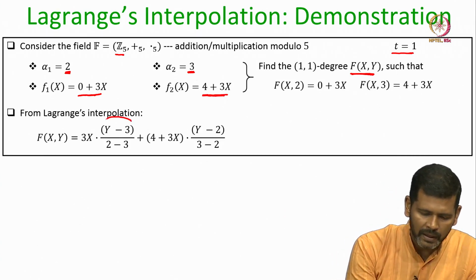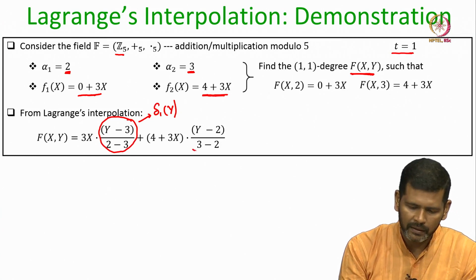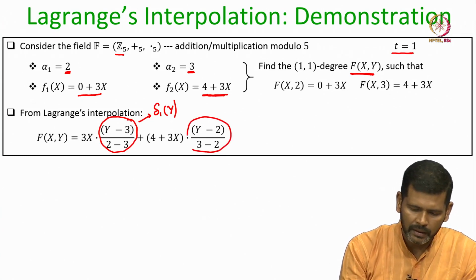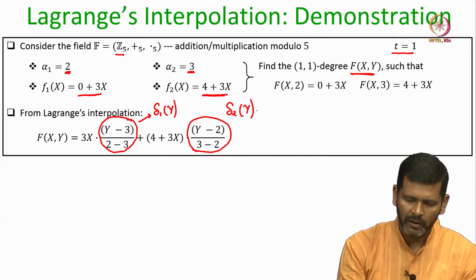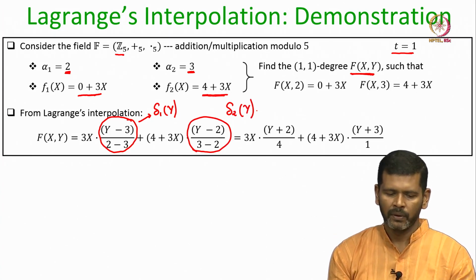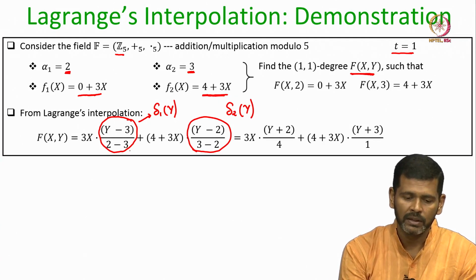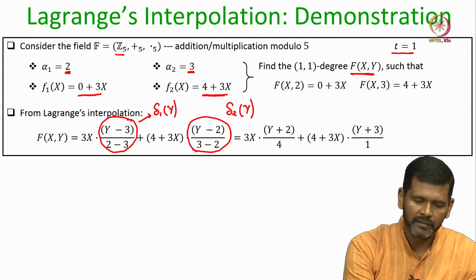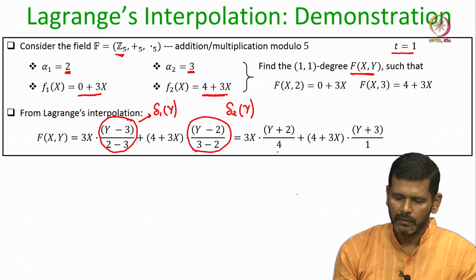So, this is my delta sub 1 y polynomial, and this is my delta sub 2 y polynomial. Since I am performing all the operations over the field, now you can see in the denominator I have 2 minus 3, which is minus 1 over the field Z 5, nothing but 5 minus 1 which is 4, okay.